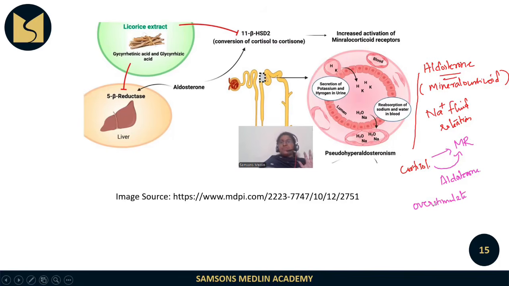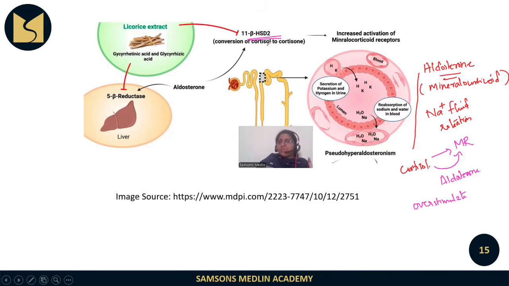Now, there is one enzyme present in the nephron, that is the 11 beta HSD2 enzyme. Do you know what is the function of this enzyme? This enzyme is responsible for the conversion of cortisol to cortisone.